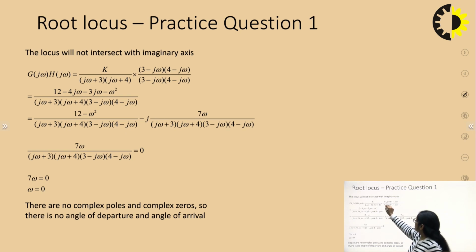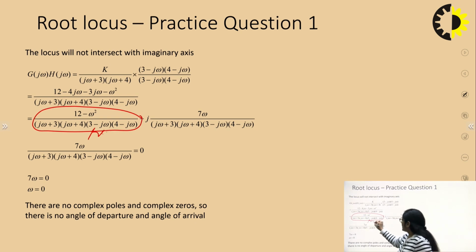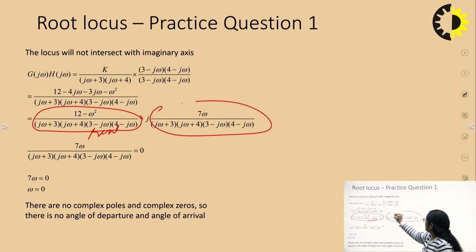That is, multiply by 3 minus j omega into 4 minus j omega divided by 3 minus j omega into 4 minus j omega. So when you rationalize this system and separate the real and imaginary parts, this is the real part and this is the imaginary part.